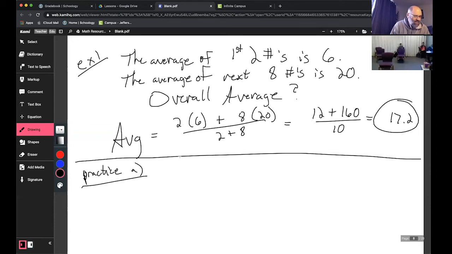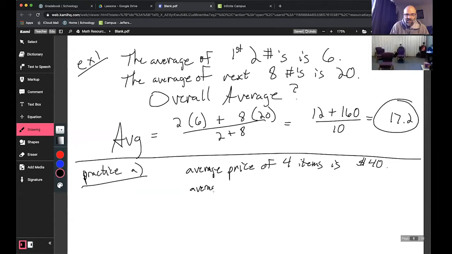All right. The average price of 4 items is 40 bucks. So average price of 4 items is $40. Okay. The average price of the next 6 items was $80.